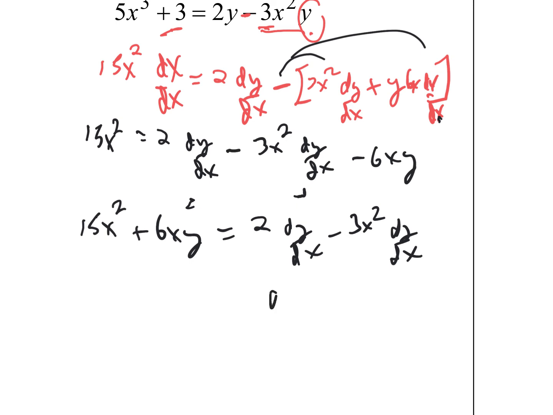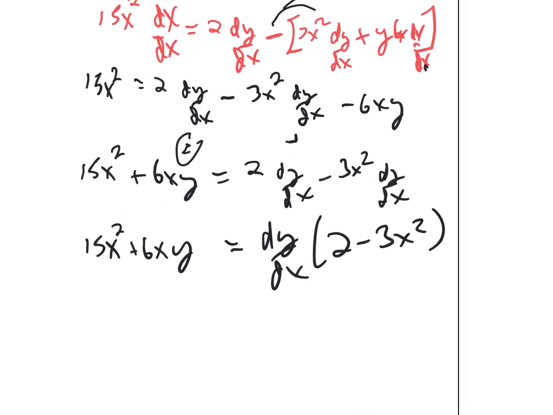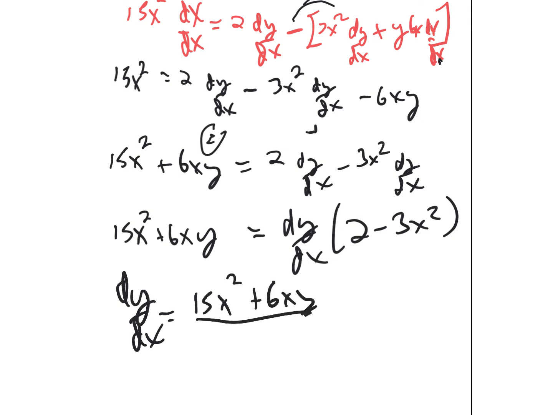Factor out the dy dx on this side, leaving a 2 minus 3x squared, still equal to the 15x squared plus 6xy. And divide both sides by 2 minus 3x squared. So dy dx is 15x squared plus 6xy divided by 2 minus 3x squared.